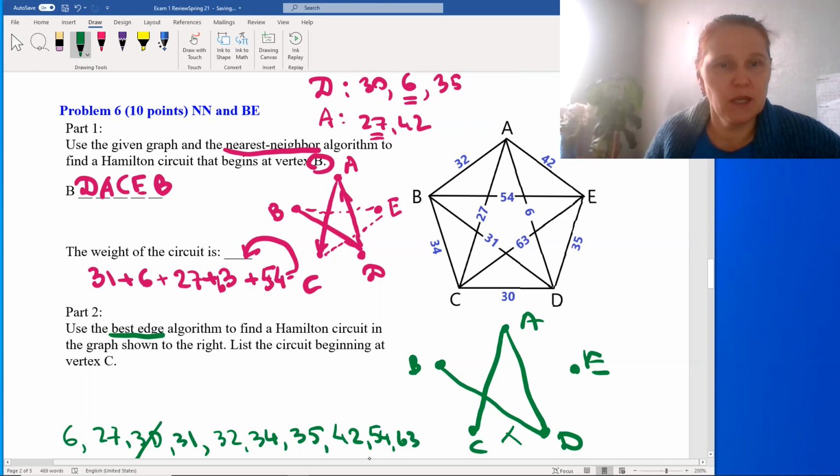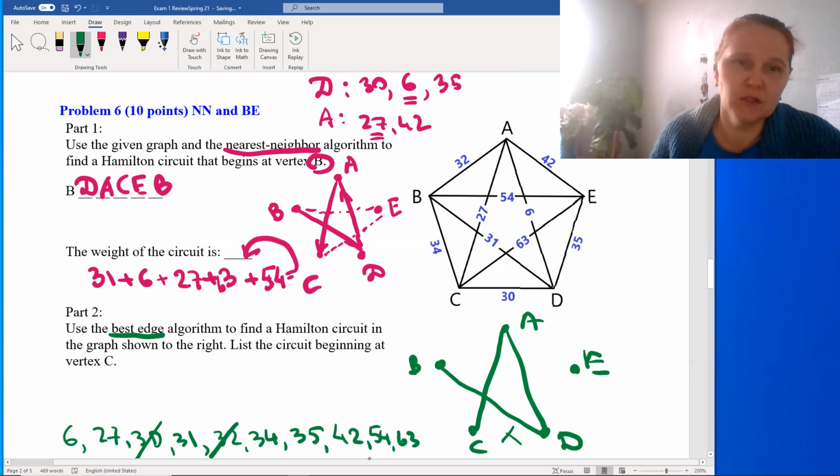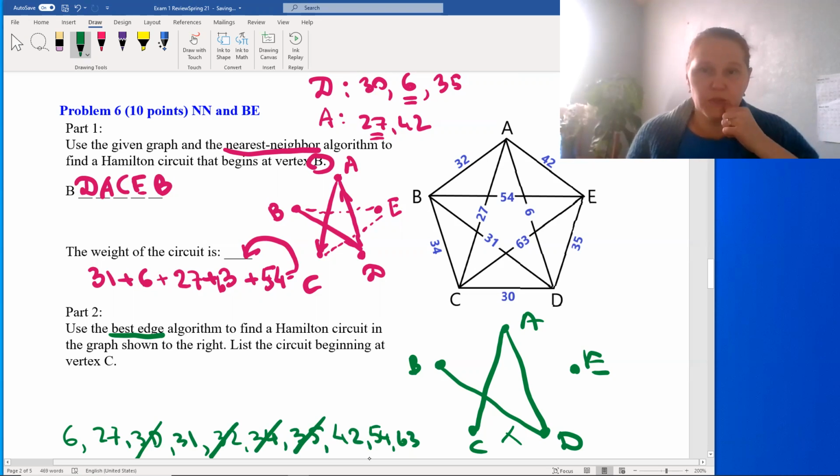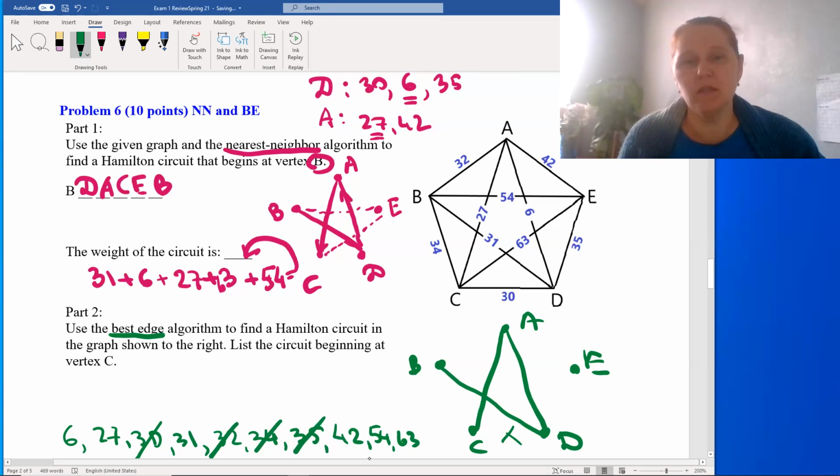So we don't take 32. 34 BC does not work because then we close the circuit without visiting E. 35 ED does not work because then we will have 3 lines ended at D. So 42 also doesn't work.